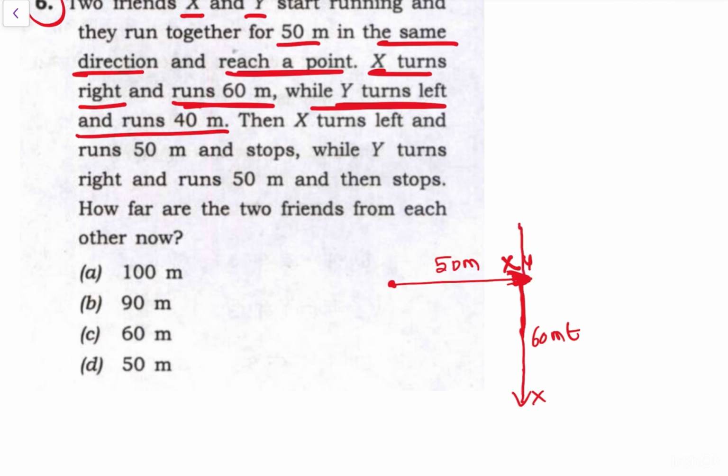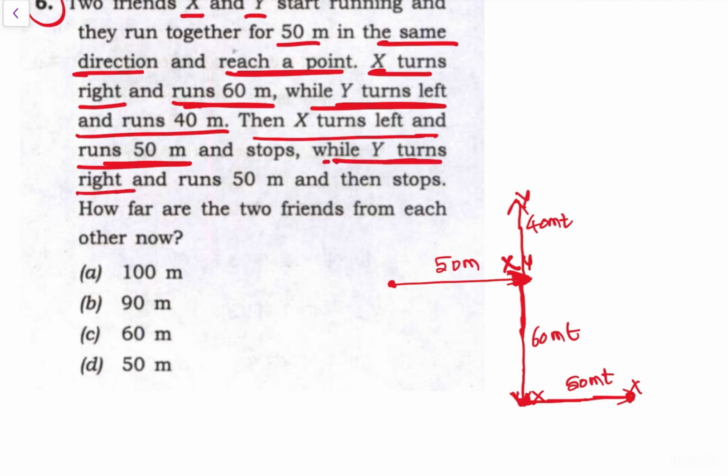so Y to left is here and he runs for 40 meter, so Y is here, then X turns left and runs 50 meters and stops. X turns left, so left hand of X is this side, so X turns left and runs for 50 meter and stops, so X is here now, while Y turns right and runs 50 meter and then stops.